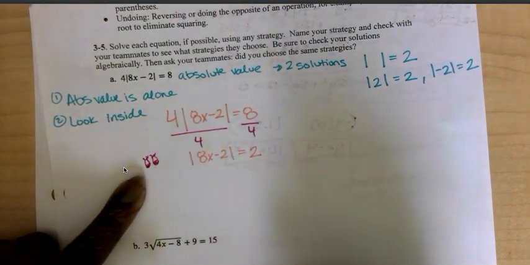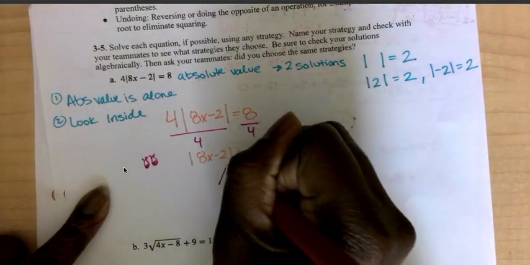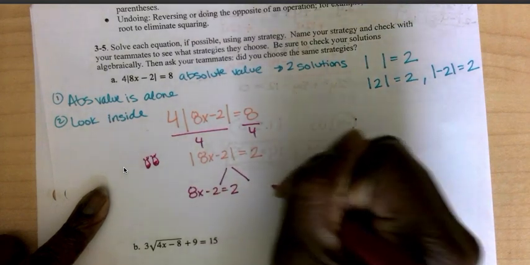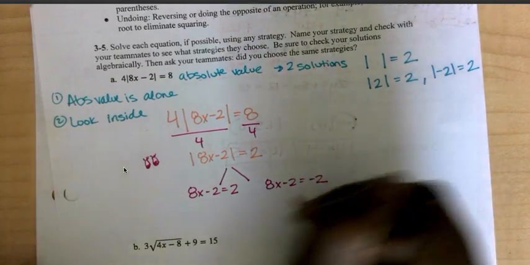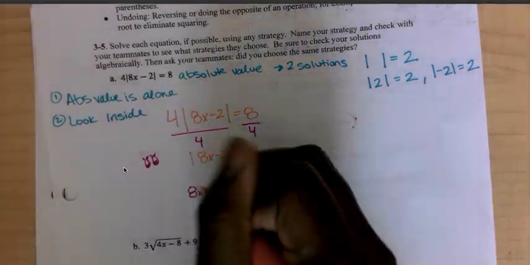We know that we should have two solutions. So we know that 8x minus 2 is equal to positive 2, but also 8x minus 2 can be equal to negative 2 because the absolute value is what turns both positive.